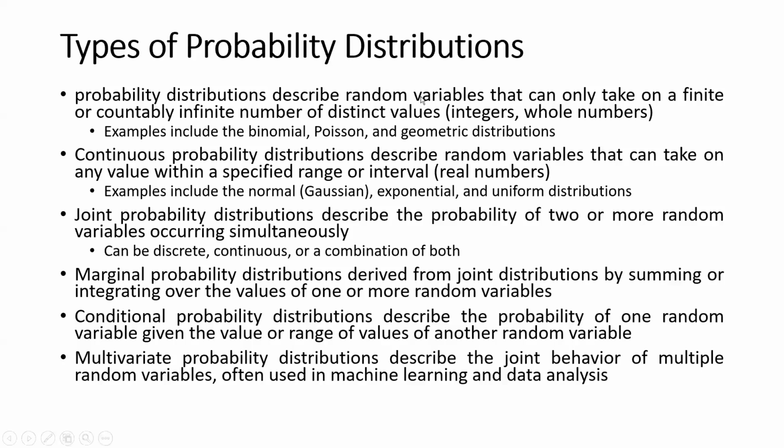Suppose we have a bivariate probability distribution, then one can obtain a univariate probability distribution by integrating out the other variable. Along with that, one can obtain conditional probability distributions. Then multiple probability distributions can be obtained.